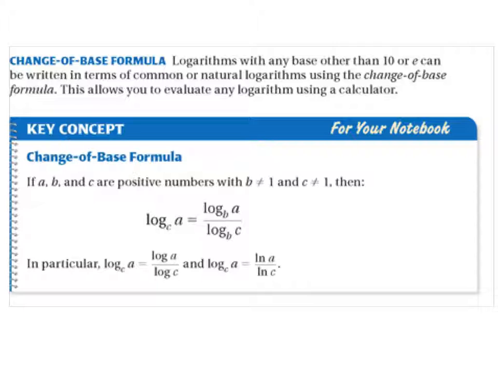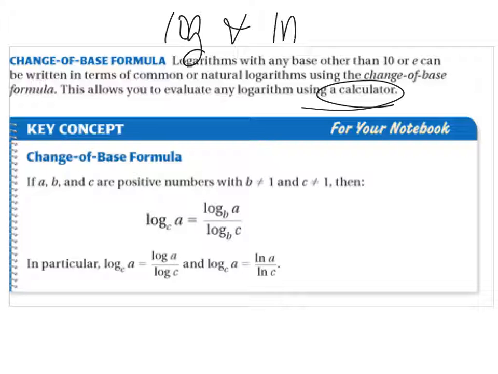All right, this one's super duper handy. The change of base formula. Logarithms with any base other than 10 or e can be written in terms of common or natural logarithms using a change of base formula. This allows you to evaluate any logarithm using a calculator. If you notice, the calculator has this button and this button.